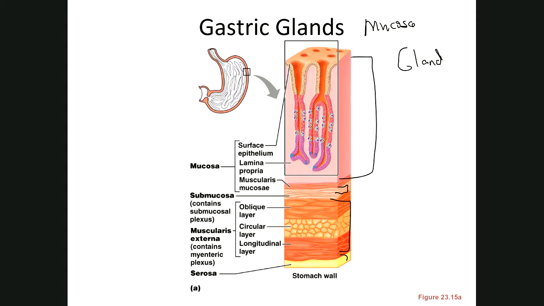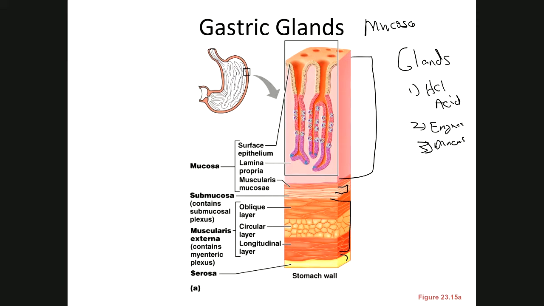And these glands make 2 different things. They make acid, it's hydrochloric acid. And they also make enzymes, which are going to digest proteins. And then they actually make a 3rd thing, which is mucus.